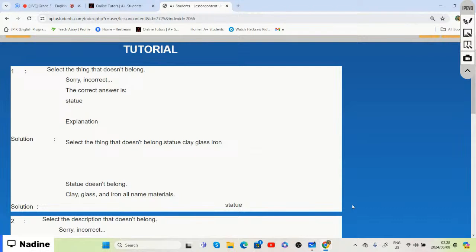We are now going to select the word that does not belong within that category of groups.